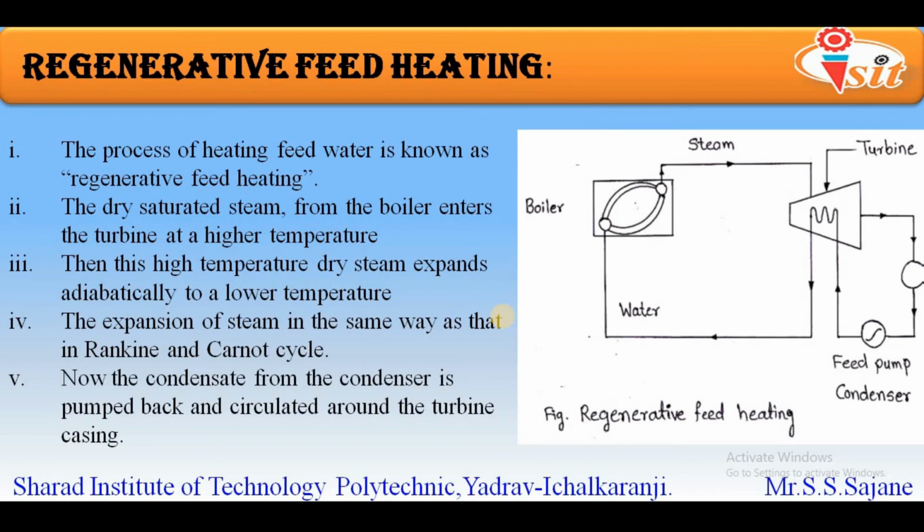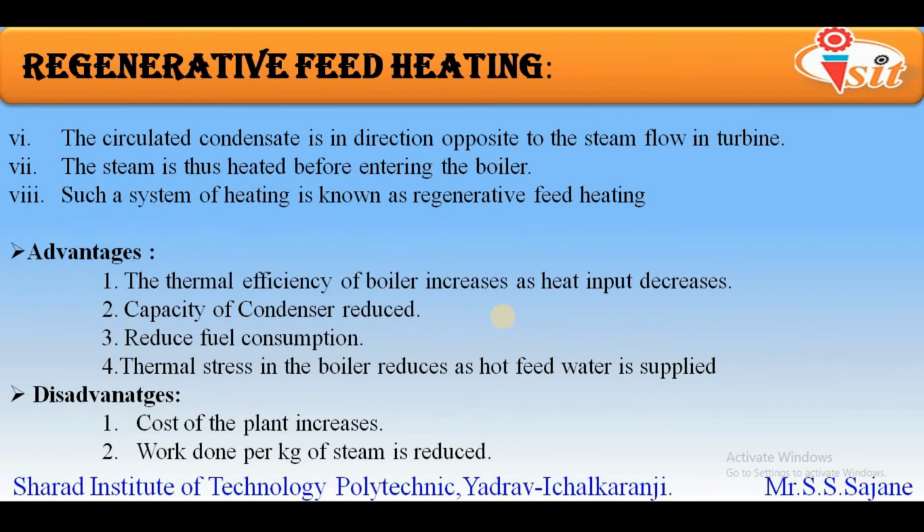Along with this, we can also discuss the advantages and disadvantages of using this concept. If we consider the advantages of regenerative feed heating, we have these advantages in the slide. That is, the thermal efficiency of the boiler increases as the heat input decreases. I have already discussed that due to hot feed water, the fuel requirement which is supposed to be provided to the boiler will be reduced.